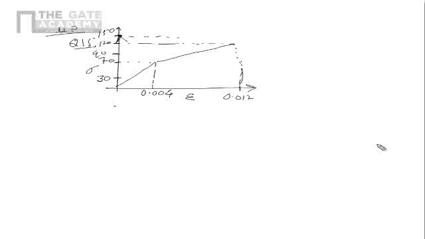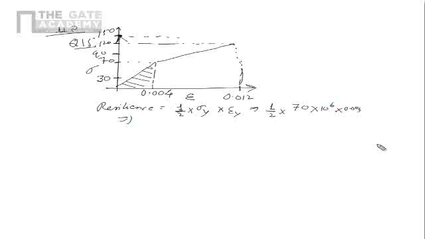So how do I find out resilience? Resilience is equal to this area, 1/2 sigma yield multiplied by epsilon yield. That is the resilience value. So that is nothing but 1/2 into 70 MPa, which is 10 to the power 6 Newton per meter square, multiplied by the strain 0.0004. If I just solve this problem, it's easy now.